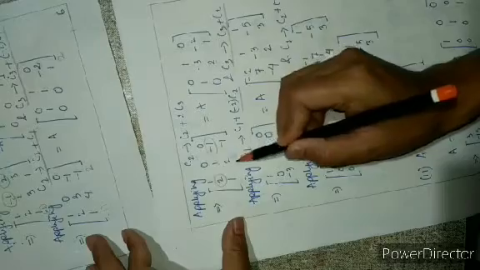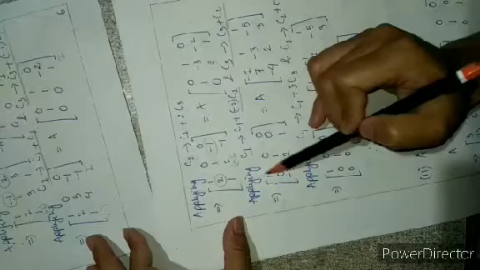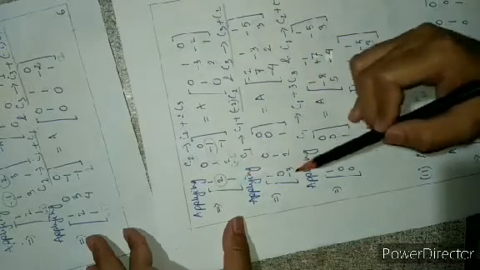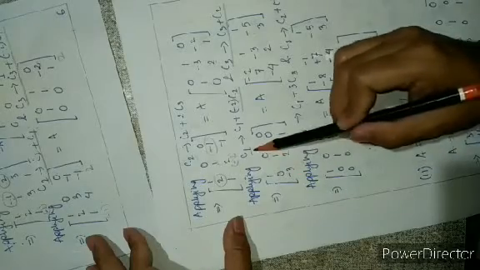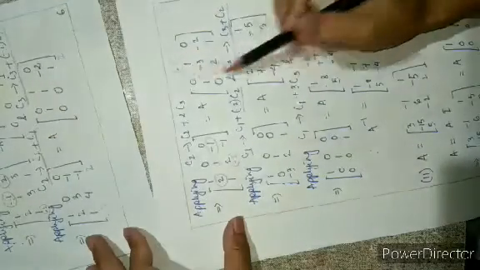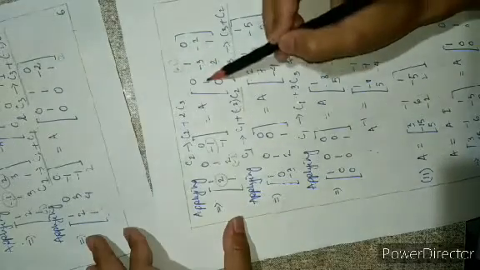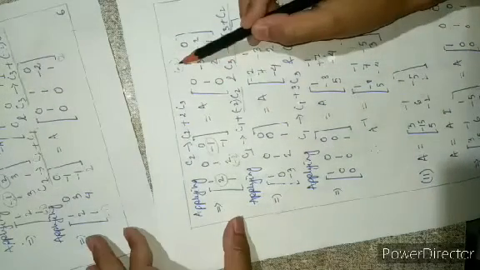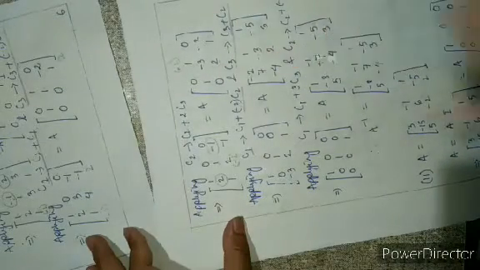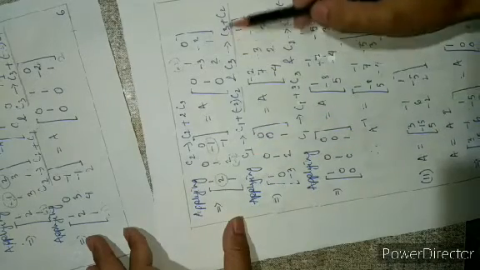Multiply each element by -2: 1 into -2 plus 2 is 0. 2 into -2 is -4 plus 1 is -3. This is for column 1. 1 into -2 is -2 plus 0 is -2. -3 into -2 is plus 7. 2 into -2 is -4.